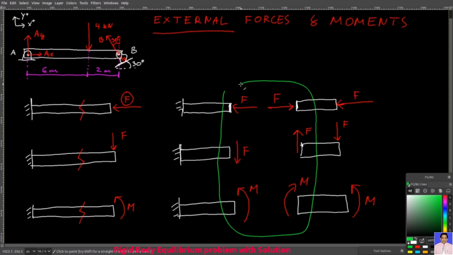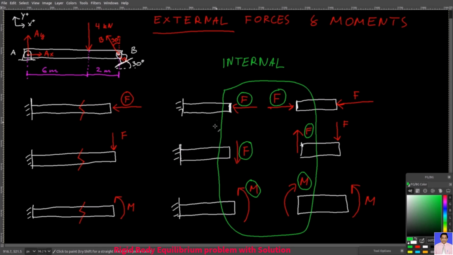And so these forces and moments here, they are internal. They only appear when you mentally cut the structure and you want to draw free body diagrams to those individual pieces here. But at the cutting point, due to Newton's third law, action-reaction, this force is always cancelled out by this force. Also this one is cancelled out by this one, and this moment is cancelled out by this moment.